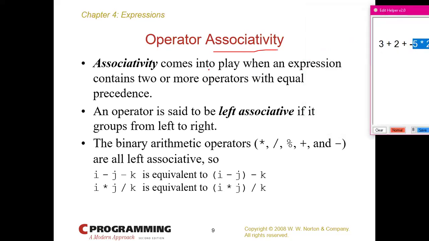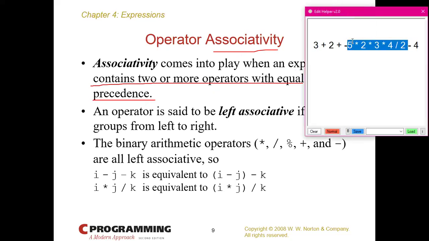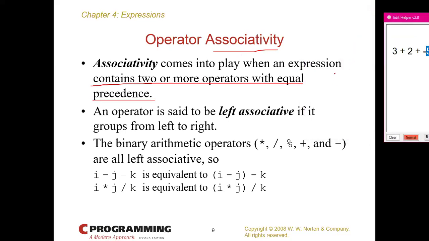Associativity comes into play when an expression contains two or more operators with equal precedence. Here we have more than two. In fact, we have one, two, three, four operators with the same precedence in our example.